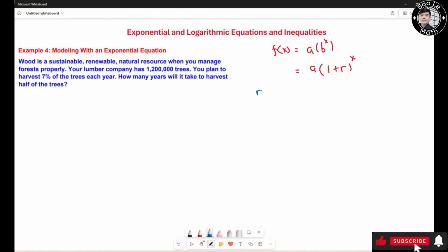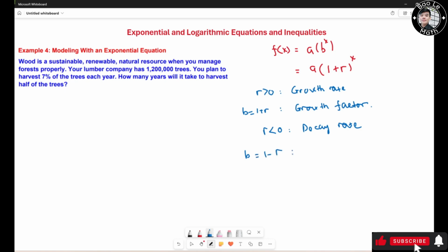If r is greater than 0, this is the growth rate, and b equals 1 plus r is called the growth factor. Now, if r is less than 0, this is called the decay rate, and b equals 1 minus r is called the decay factor. Alright, so keep that in mind.